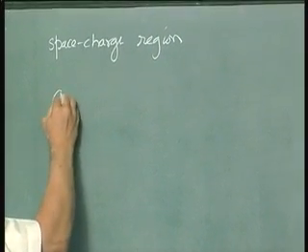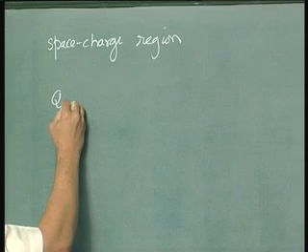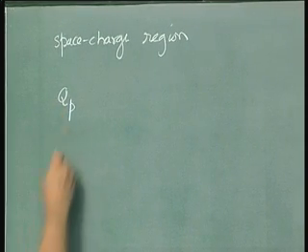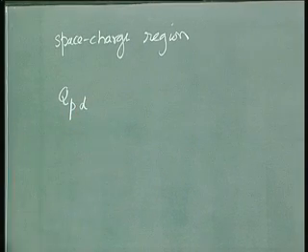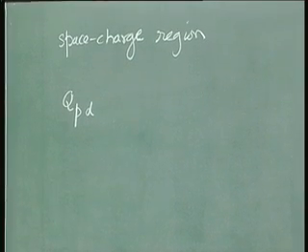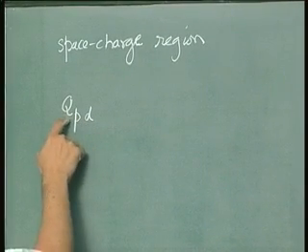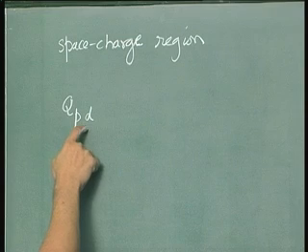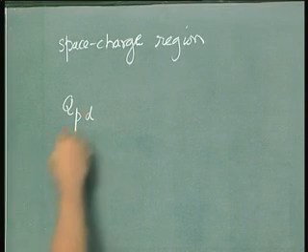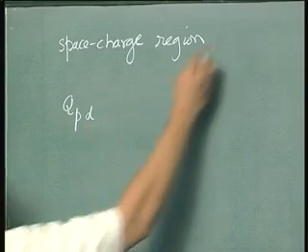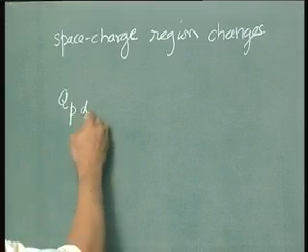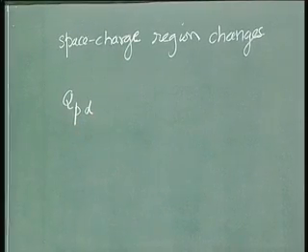Let us represent the excess hole charge in the space charge region as Qp suffix d. D stands for depletion. So we are calling this either space charge or depletion region. So Qpd is the excess hole charge that has come in at voltage V because of change in the depletion region. So we will write here space charge region changes.